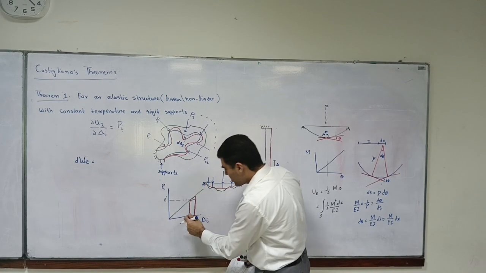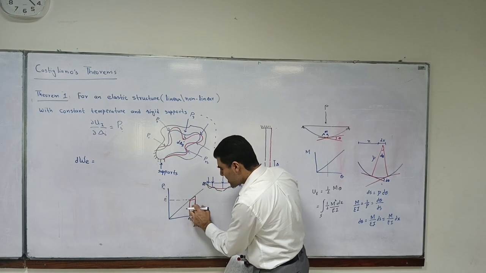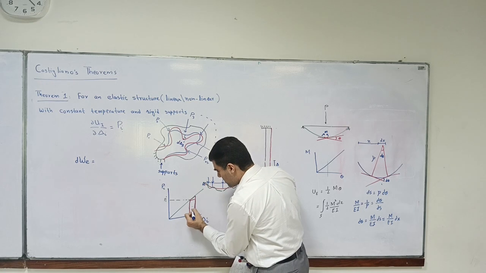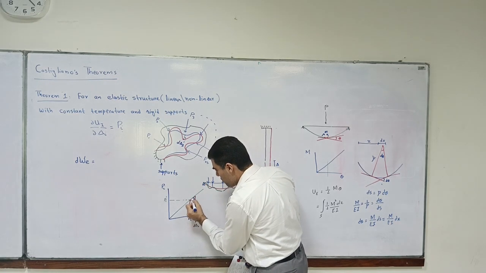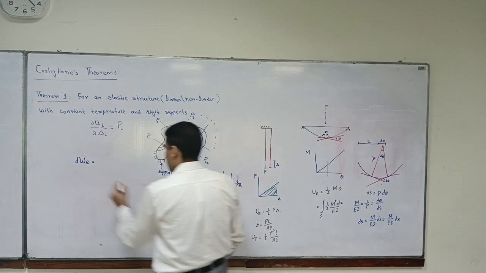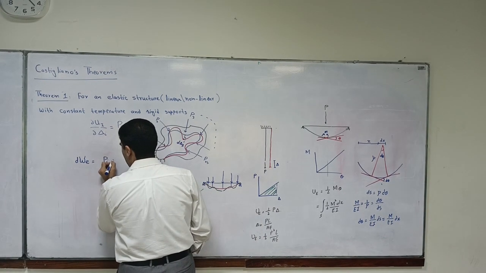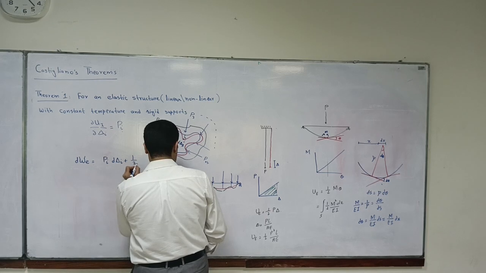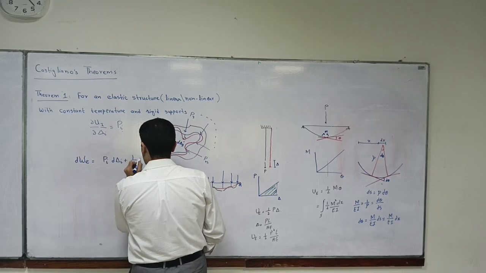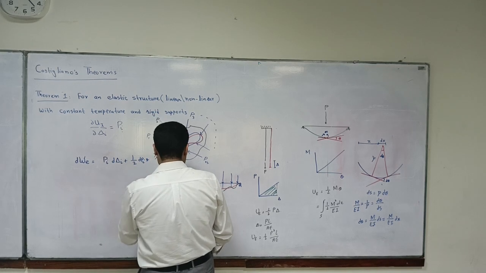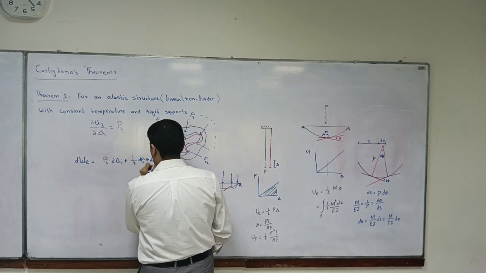So that is area of this one and area of this one, agreed? Area of 1 and area of 2. Area 1 is how much? Pi d delta I. And area 2 is half dPi into d delta I.